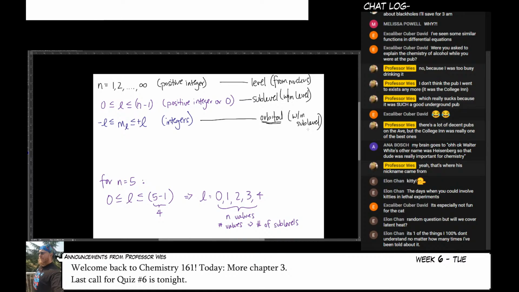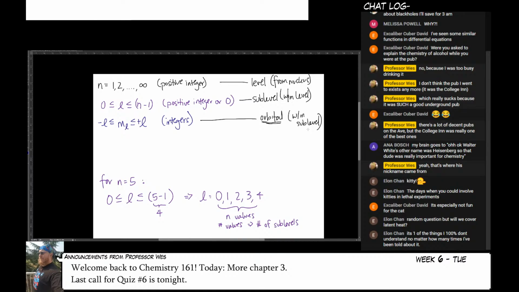Remember that orbitals are our goal here. We want to find where electrons live. Electrons live in orbitals. We just have to define this in terms that we can explain with quantum mechanics.